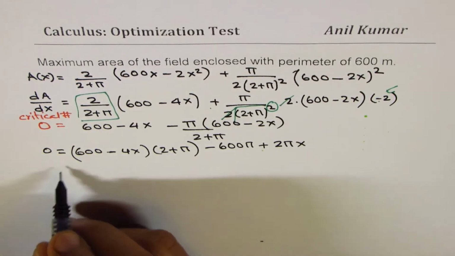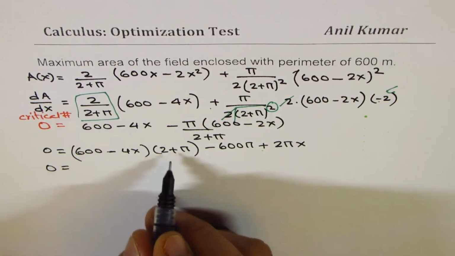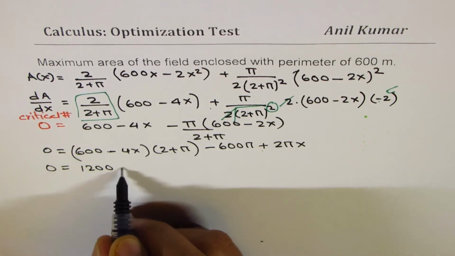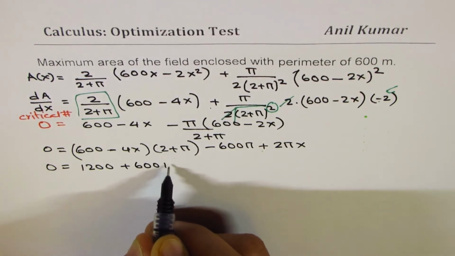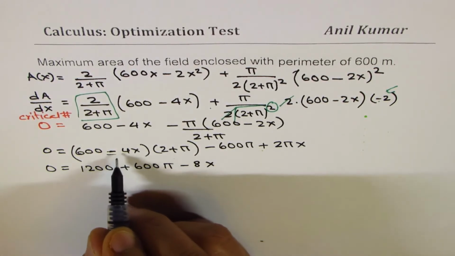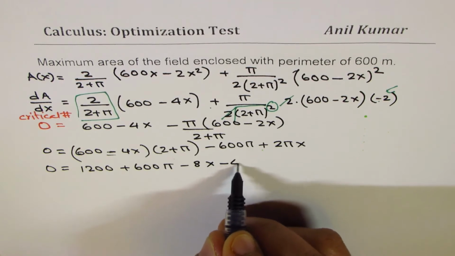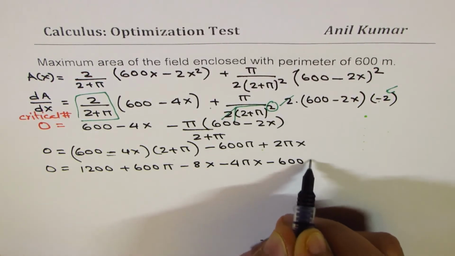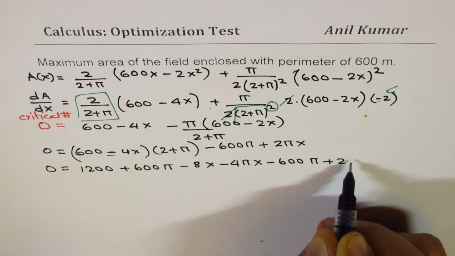Let's open this also, simplify. 600 times 2 is 1200. 600 pi plus 600 pi minus 8x and minus 4 pi x. We have minus 600 pi and plus 2 pi x.